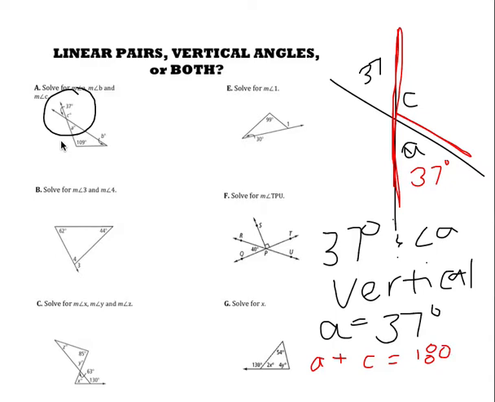Substituting what I know, A is 37, so 37 plus C equals 180. Solving backwards, angle C is going to be 143 degrees. Oops, that went off the screen. So angle C is 143 degrees, and all I did is subtract 37 from 180.